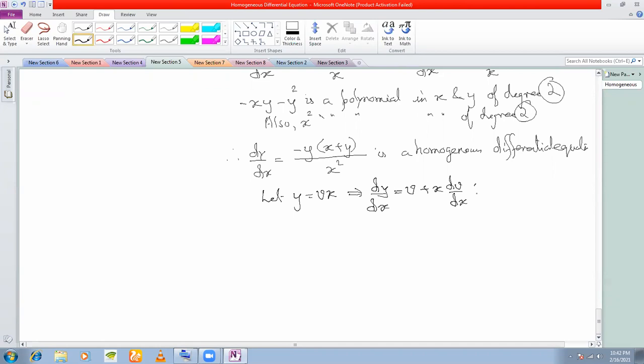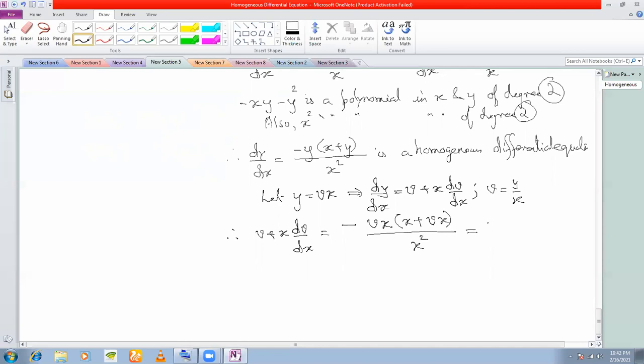So now put it in the equation. Also v is equal to y by x, which we shall put at last. So instead of dy/dx, you put v plus x dv/dx is equal to minus y, which is vx, into x plus vx, divided by x square.